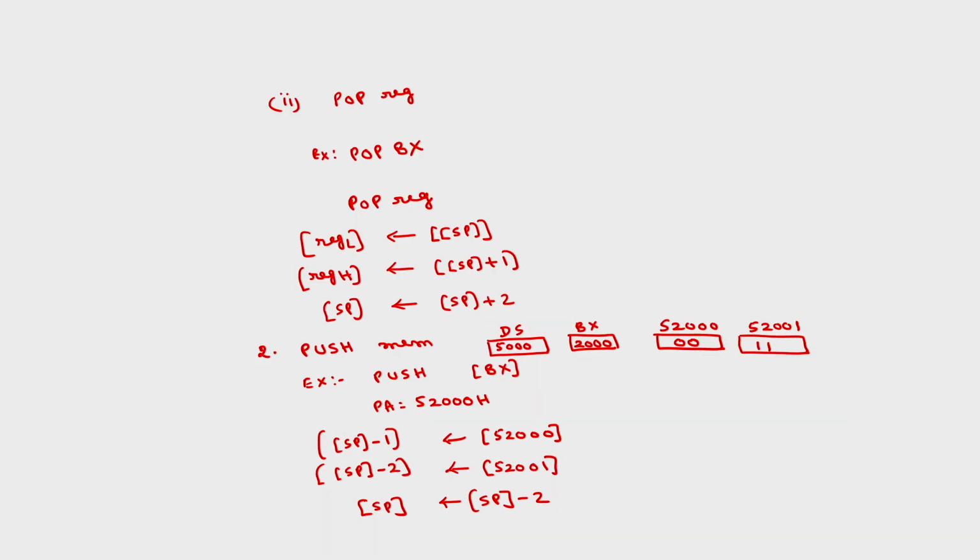The third push instruction is push segment register contents also. So same operation, segment register contents will be transferred, but the segment register can be either DS, ES or SS. This cannot be CS. CS is not allowed.